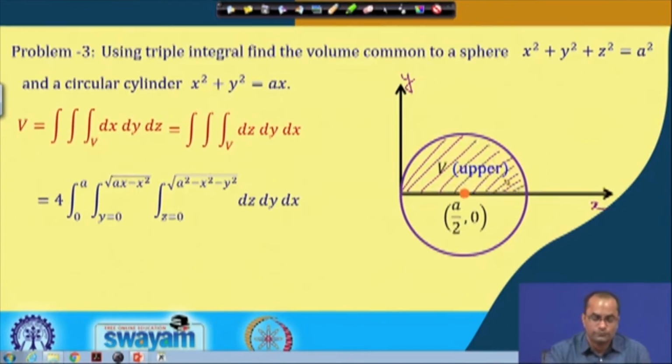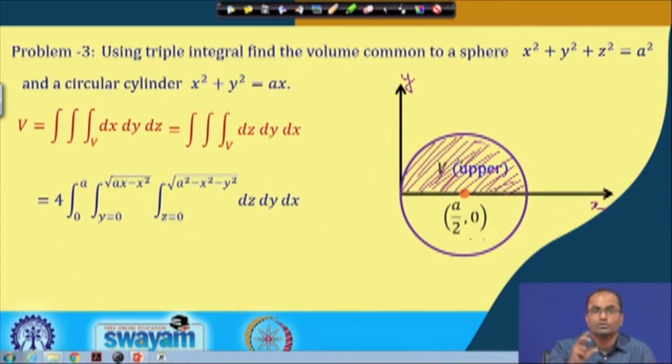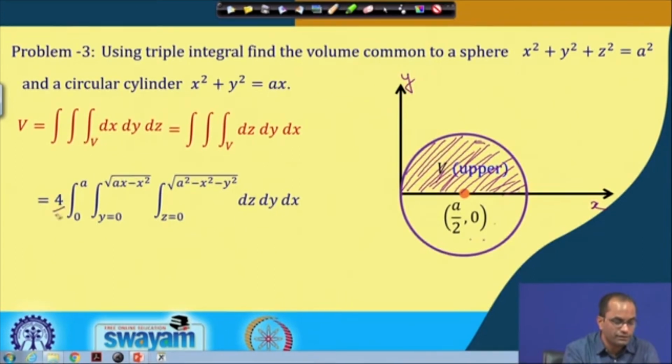So, we will make the double to get the lower portion as well, and then since we have the sphere, again there are two portions, the upper one and the lower one. So, overall if we just consider this upper half here, then we have to multiply by 4 to get the whole volume, because we are integrating in the upper half, so it will be 1/4 of the total volume. So, we have to multiply by 4 here.